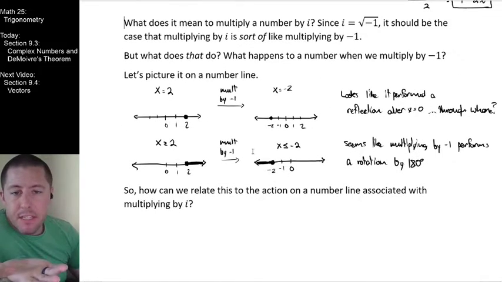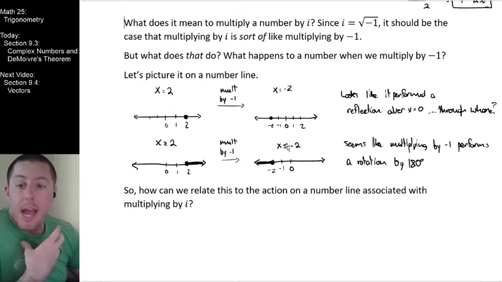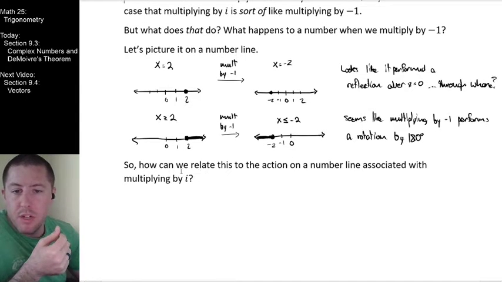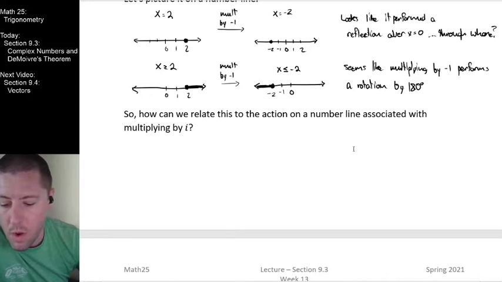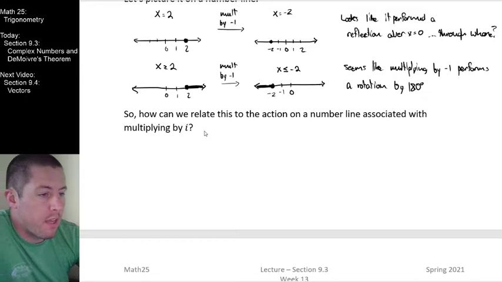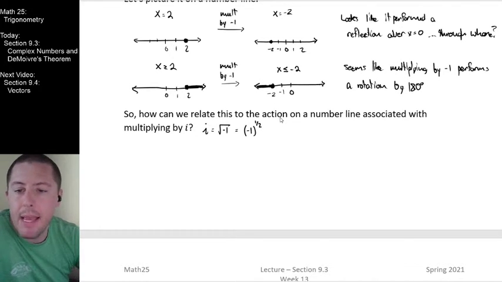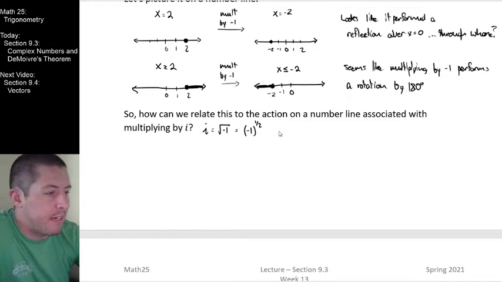What if this is how we think of multiplying by an entire -1, then we should realize that i, being the square root of -1, should be only half of one rotation. All right, so the important thing here is that i is the square root of -1, and the other way to write a square root is a 1/2 power. So in a sense, when you multiply a number by i, it's like multiplying by half of a negative.